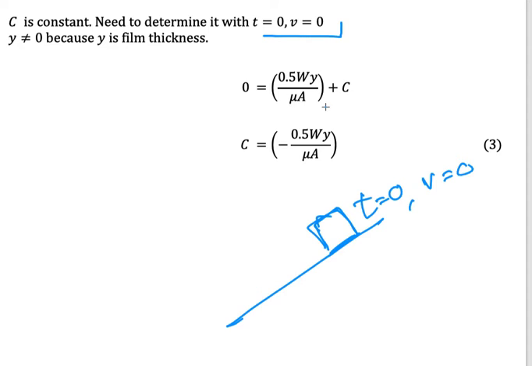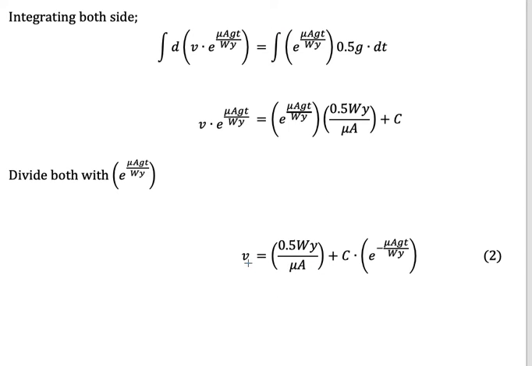If we substitute everything, the v is 0 and the t is 0, but we cannot simply put y as 0, because, as I already mentioned last time, you need to understand each parameter in your equation.